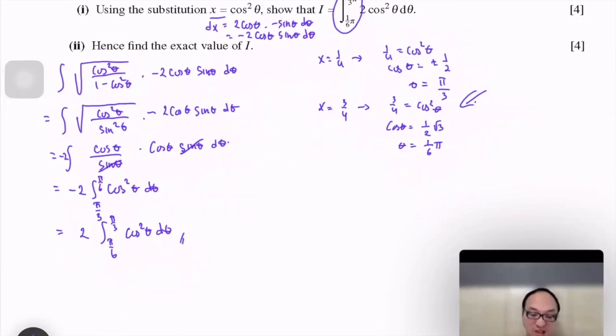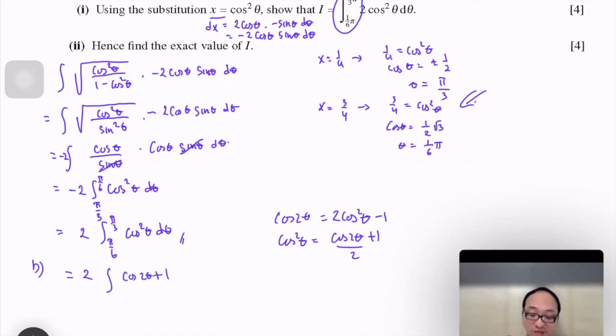So just integrate this. Now, using the identity cos 2 theta equals 2 cos square theta minus 1, so cos square theta is cos 2 theta plus 1 over 2. So we can use it here: 2 integral of cos 2 theta plus 1 over 2 d theta. Integrating, this becomes half sine 2 theta plus theta.